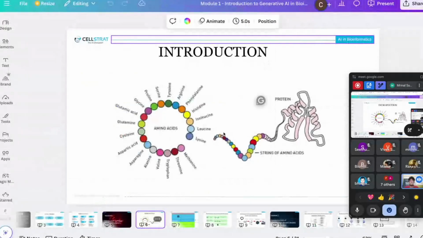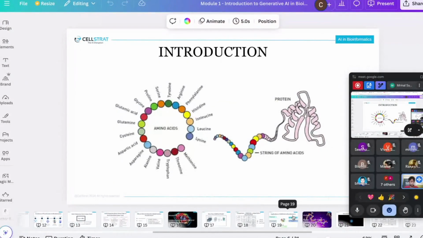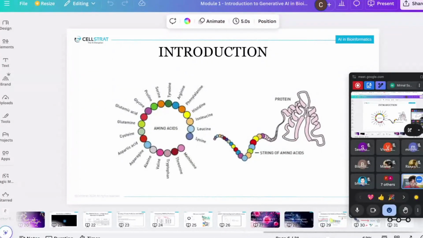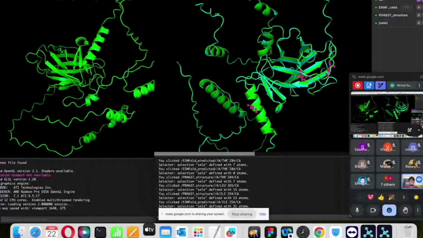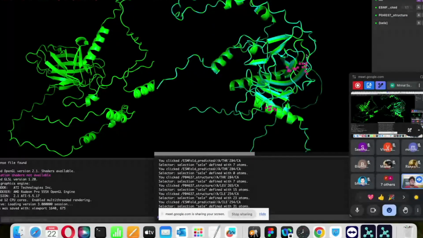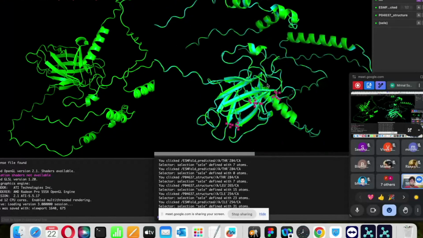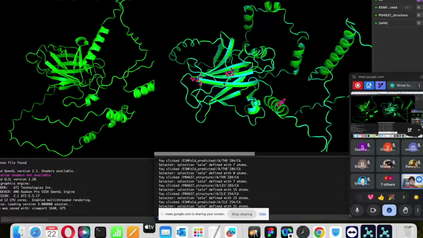If it is of light blue color, like you can see here, it falls under the category of 70 to 90. So 70 to 90 means that this particular structure of that protein can be relied upon, and can be chosen as a target for the drug molecule to bind and see for predicted results.